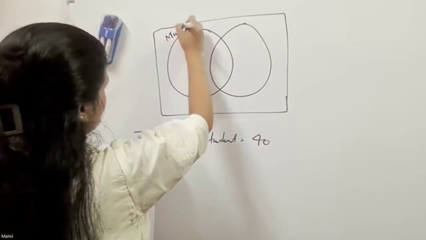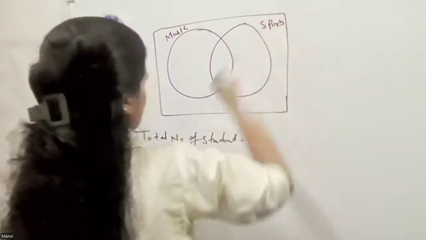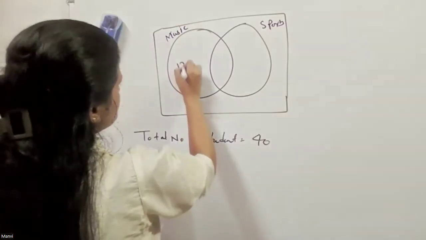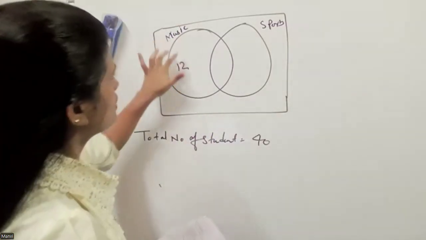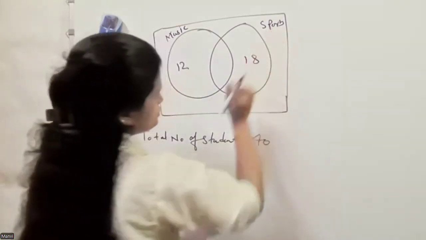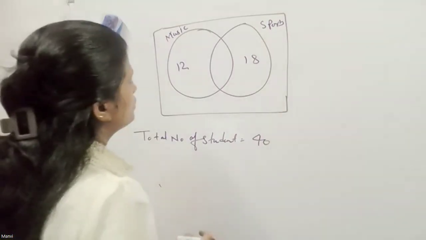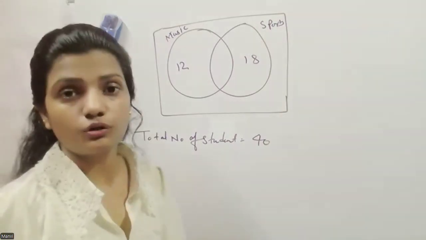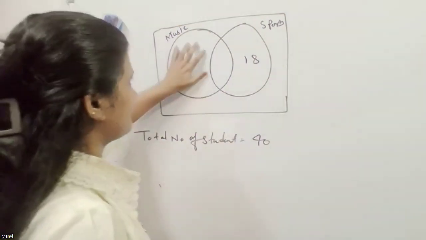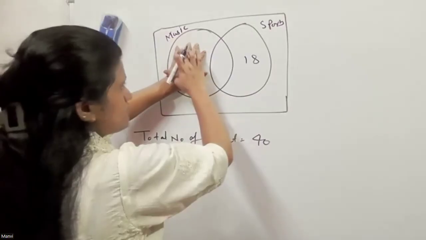And someone chose sport. The 12 children who chose music, and there are 18 students who chose sport. And there are a few who chose both. Okay? So whatever I'm writing here means the number of students who chose music.